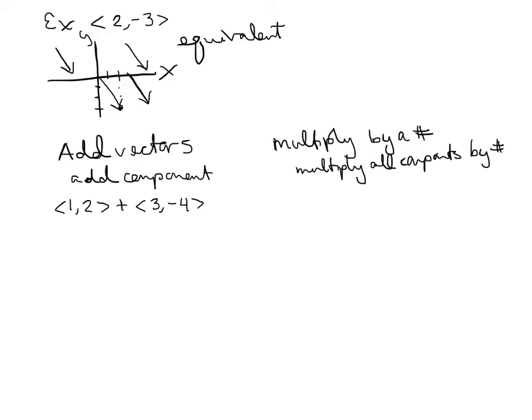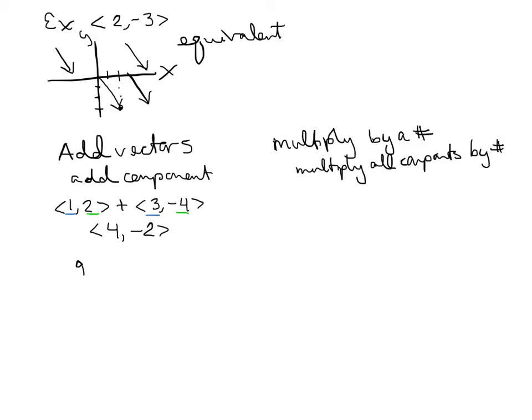I'm going to add the x components, and then I will add the y components, and that will give me my resulting vector. If I add the x components, that is 3 plus 1, which is 4. And if I add the y components, that is 2 plus -4, which is -2.